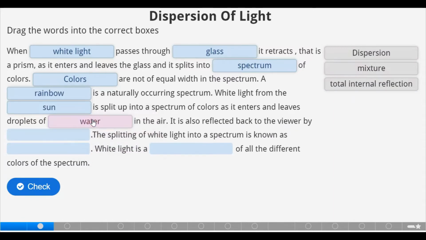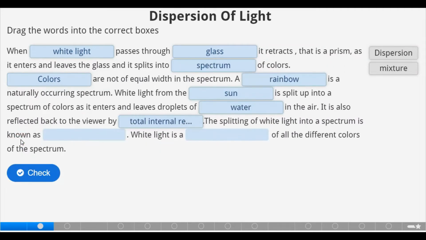It is also reflected back to the viewer by total internal reflection. The splitting of white light into a spectrum is known as dispersion.